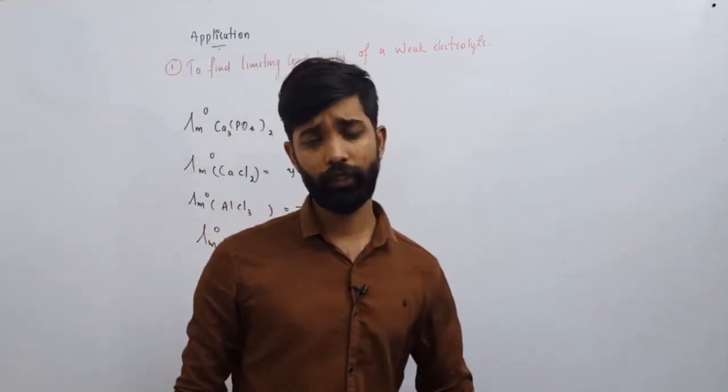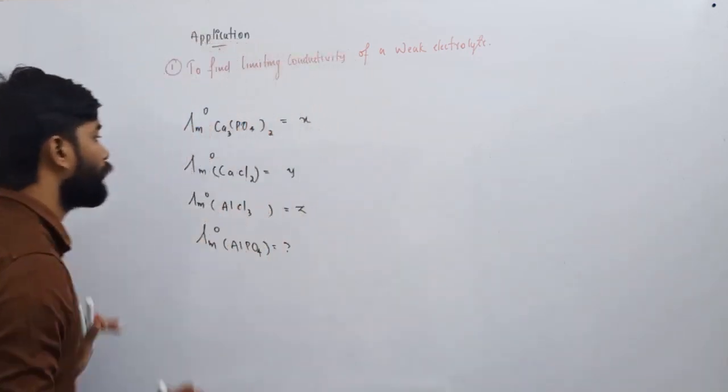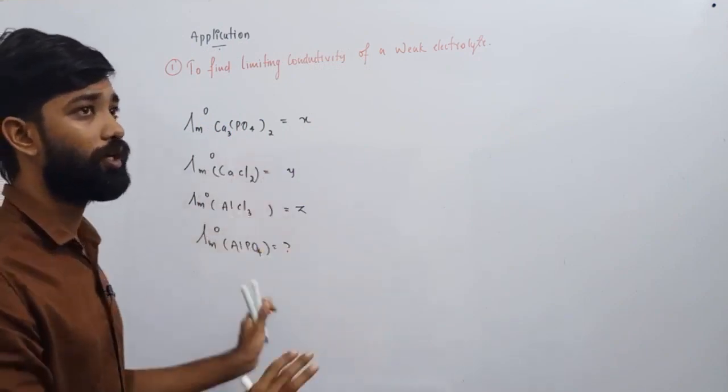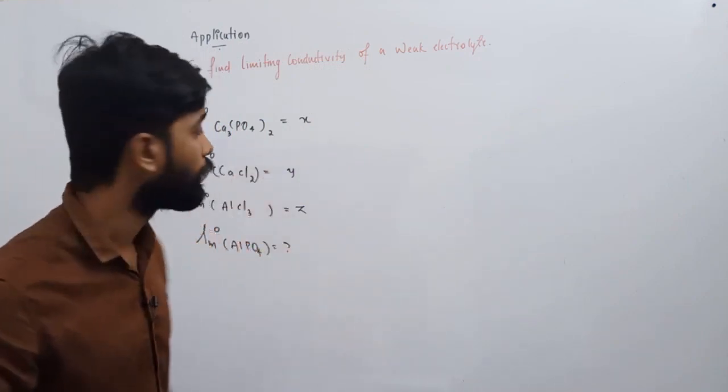Aluminum phosphate is not a weak electrolyte, but you can find it in exactly the same way as that of your previous question.